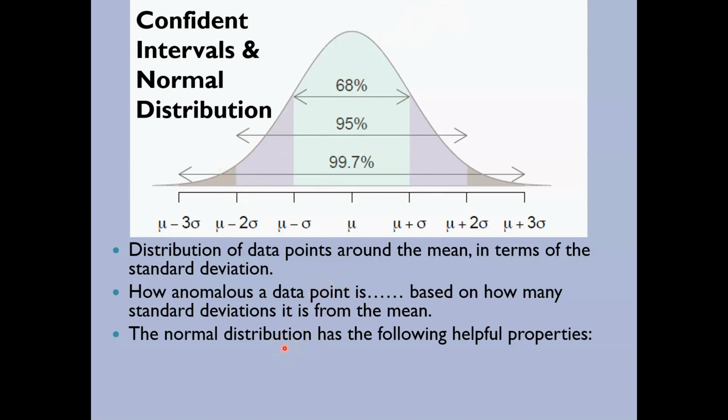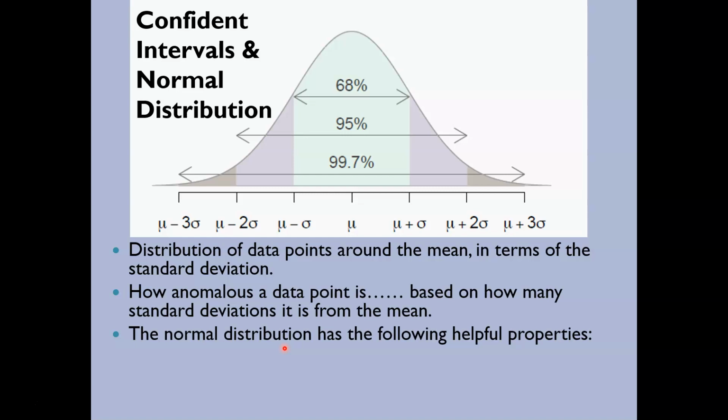So what is the importance of calculating these confidence intervals? Well, that helps you to understand how much of your data points are captured by these confidence intervals, right? If you collect 100 data points, how many will be captured within the 95% confidence interval?